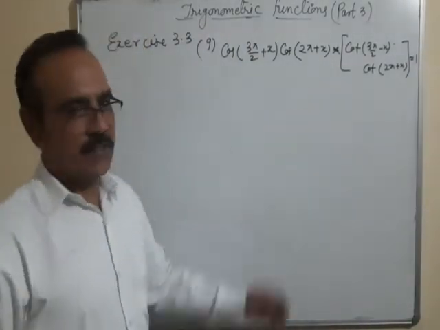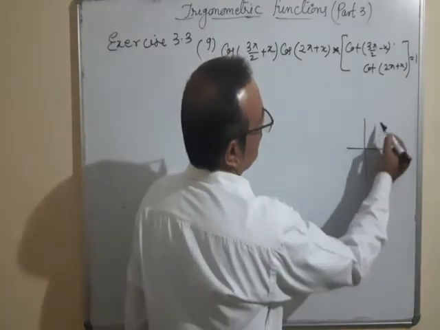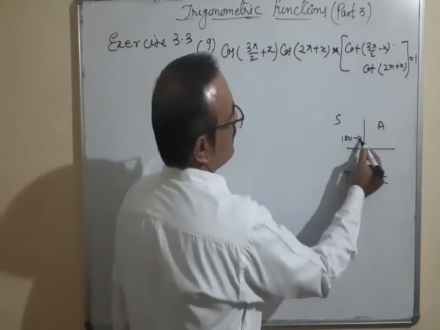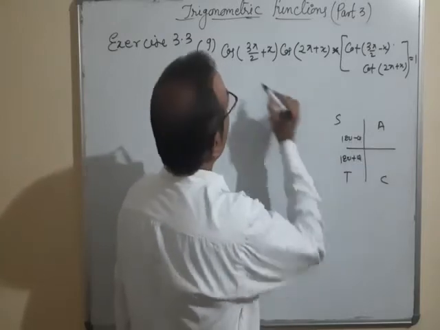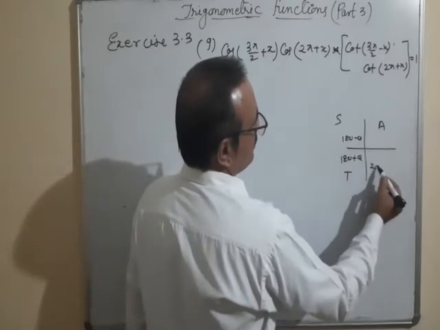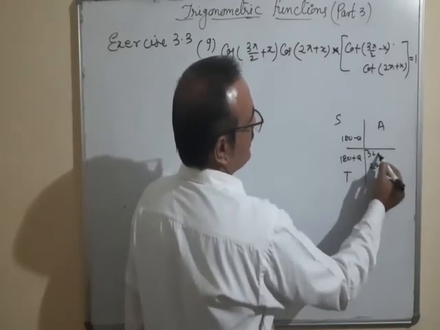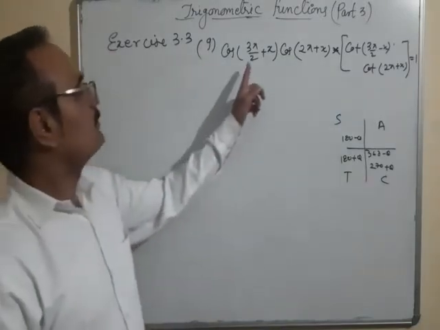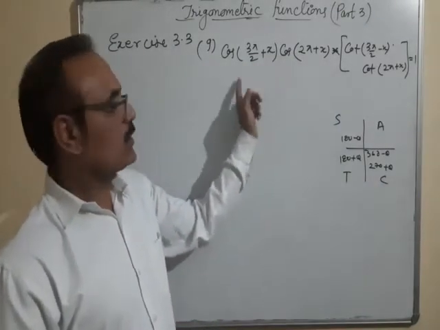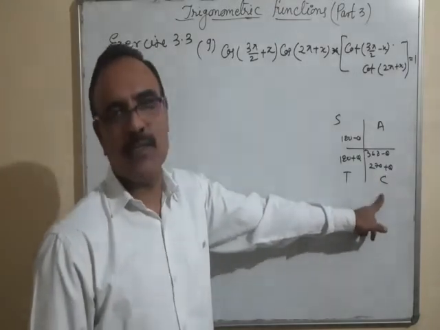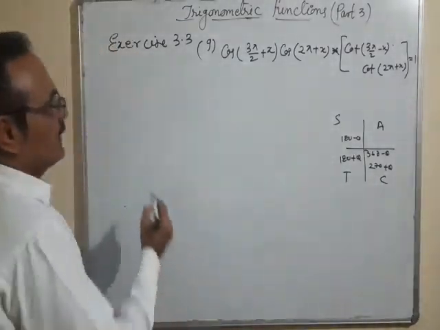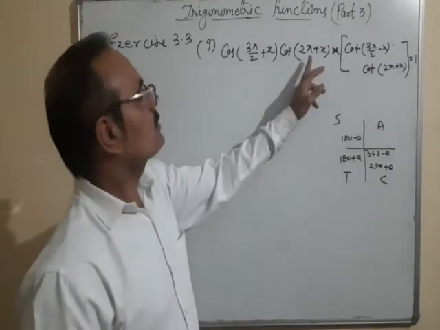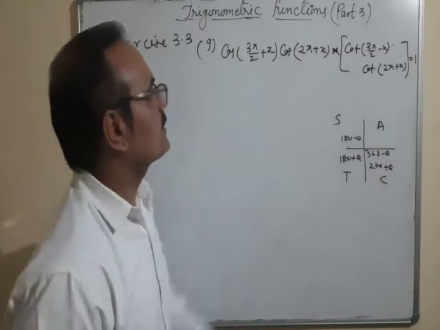Now let us see ACTS. This is 180 minus theta, 180 plus theta, here 270 is also required, so 270 plus theta and 360 minus theta. Cos(270 plus x): here cos and sec are positive, so it is sin x, into cos(360 plus x), in the first quadrant it is cos x only.